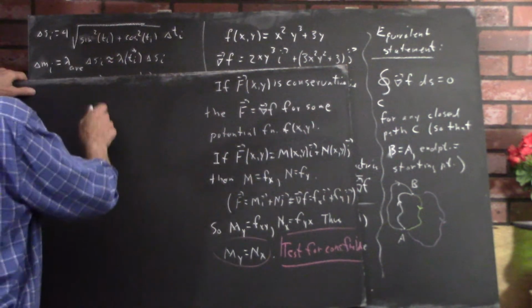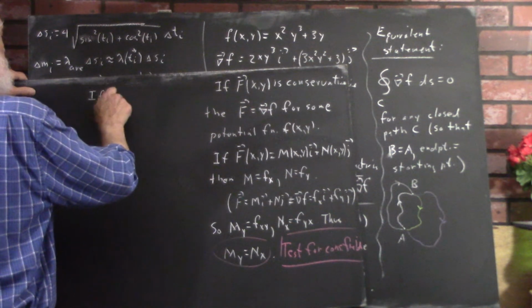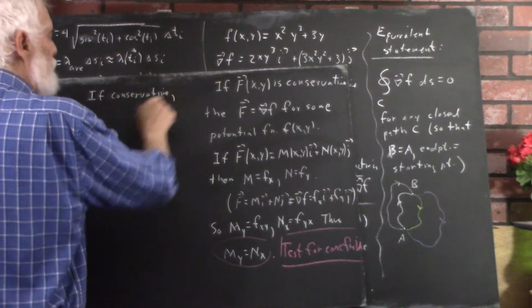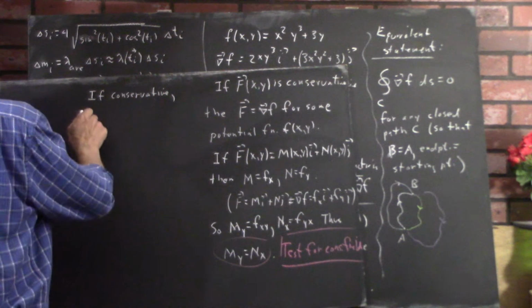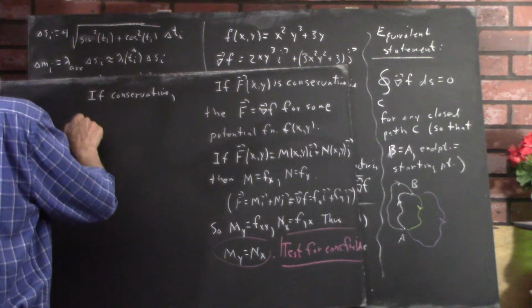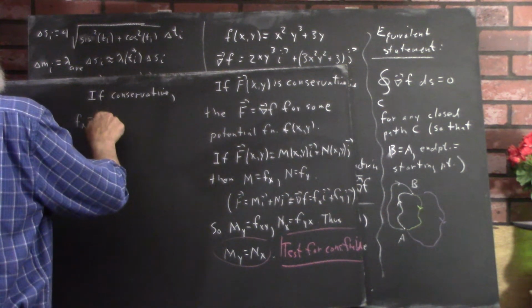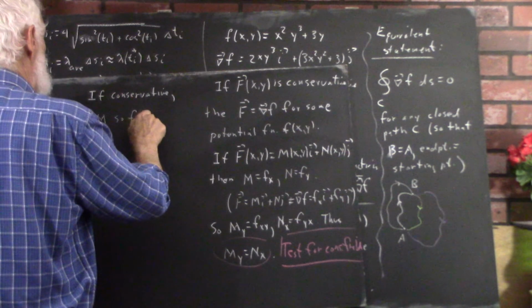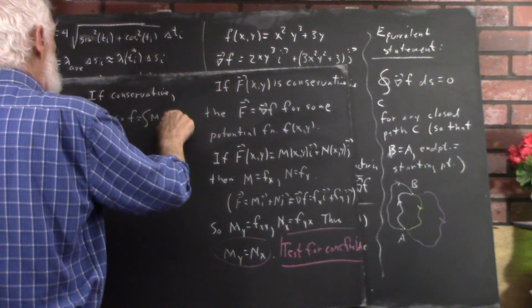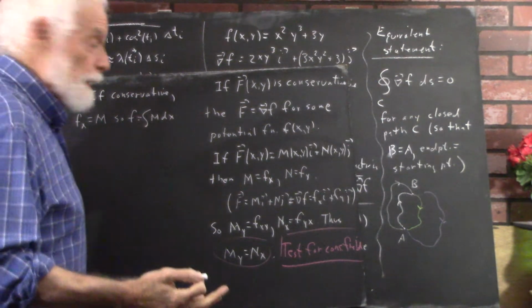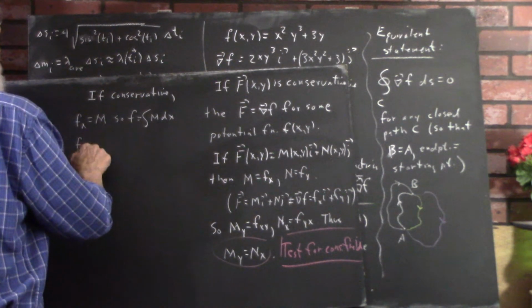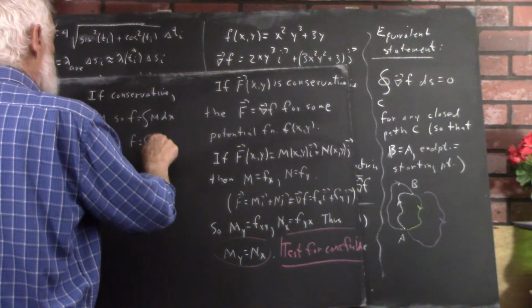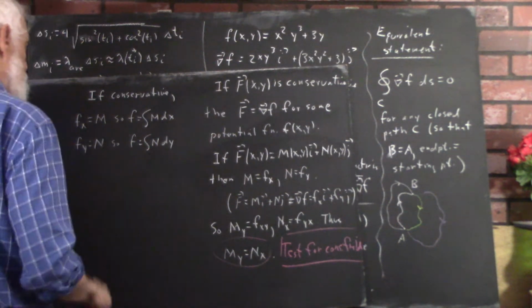So f_x equals M. So f is some integral of M with respect to x. f_y equals N. So f also equals an integral of N with respect to y.